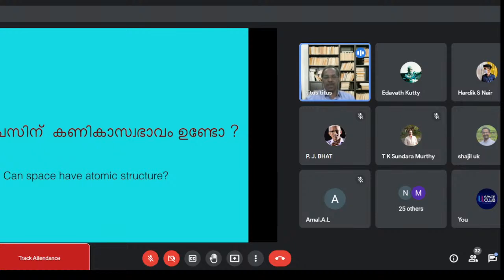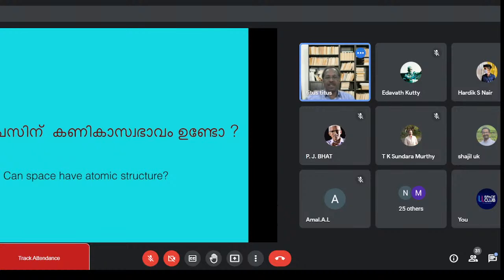If it has, then no doubt it must also have an atomic structure. To my opinion, this question was maybe first asked, but surely first answered, by none other than Professor Padmanabhan.